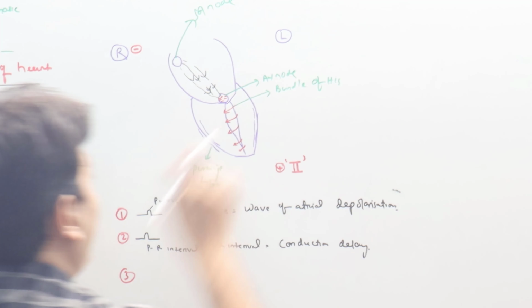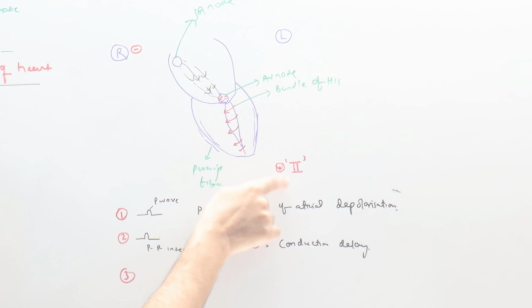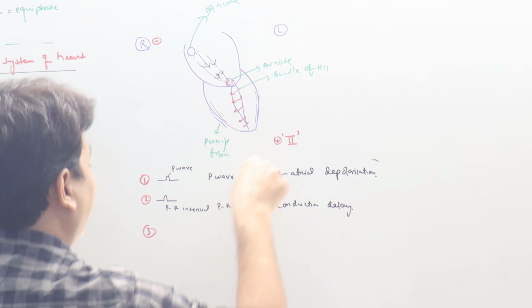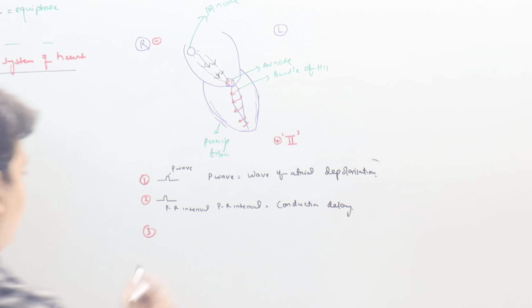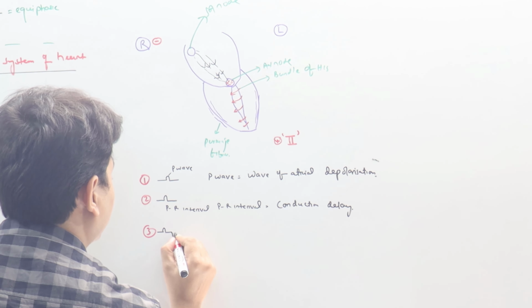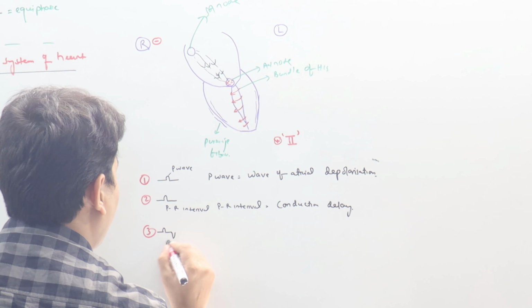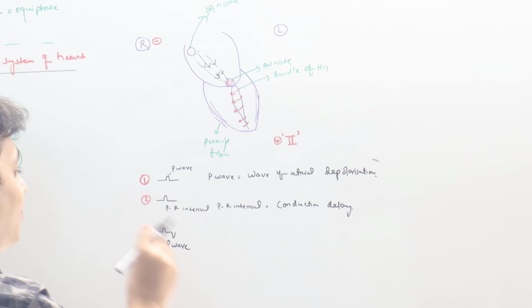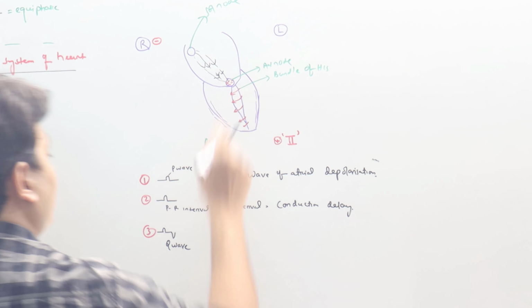The resultant wave, if you can see, is going away from lead 2. So in lead 2, there will be a negative deflection. There is a P wave, PR interval, then a negative deflection. This negative deflection is called the Q wave. This is not the pathological Q wave, this is a normal Q wave that is produced due to septal depolarization.